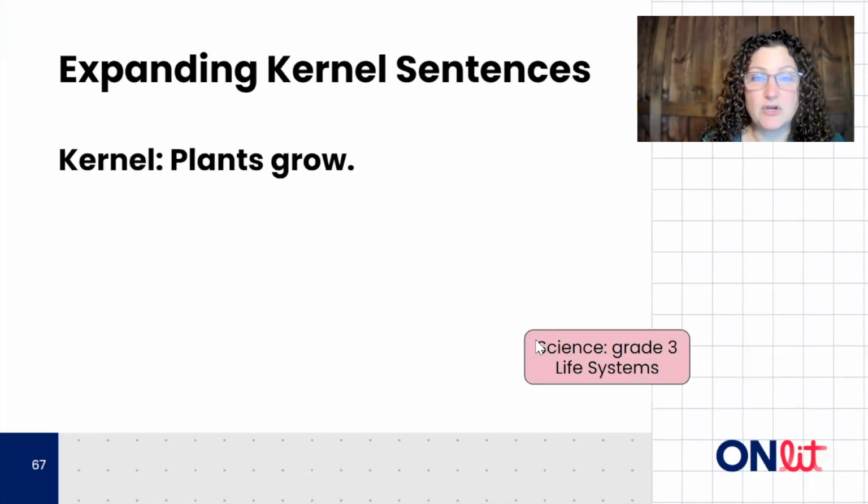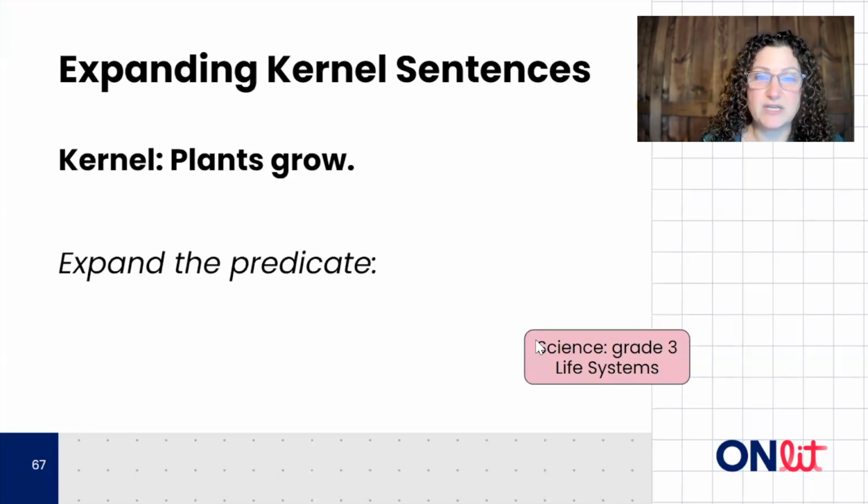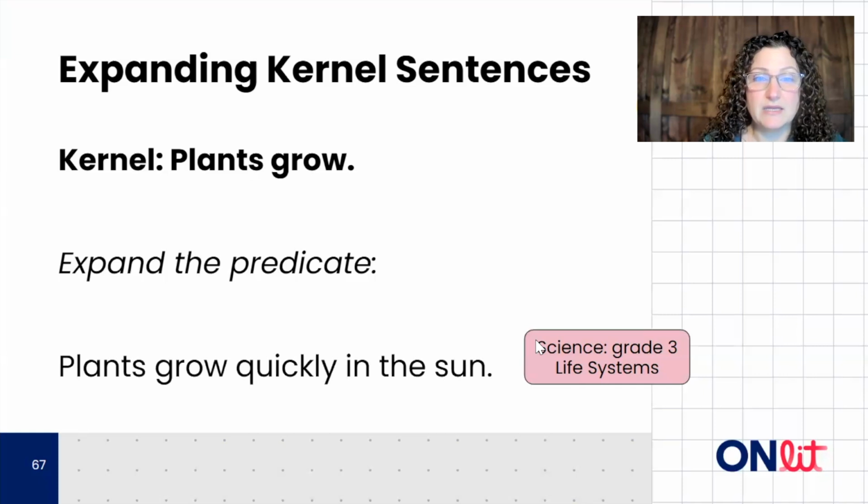Educators can use the same kernel and ask students to expand the predicate by adding adverbs such as words that end in ly, and by adding phrases that answer the questions where, why, how, and when. They can consider things like time of day, weather, or location.